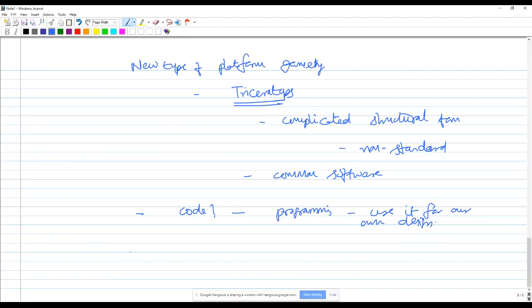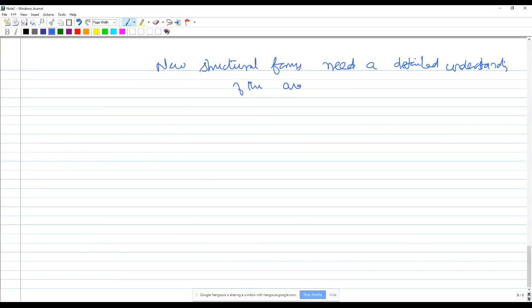However, friends, you will all agree and you will appreciate that the new structural forms need a detailed understanding of analysis procedures.